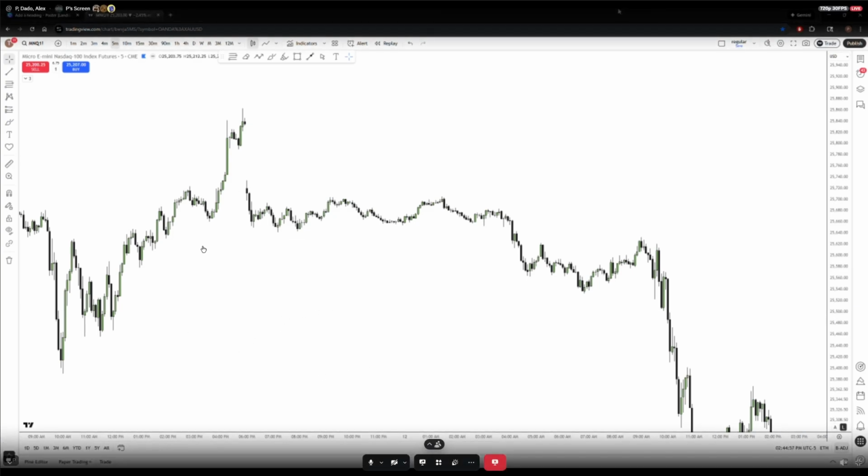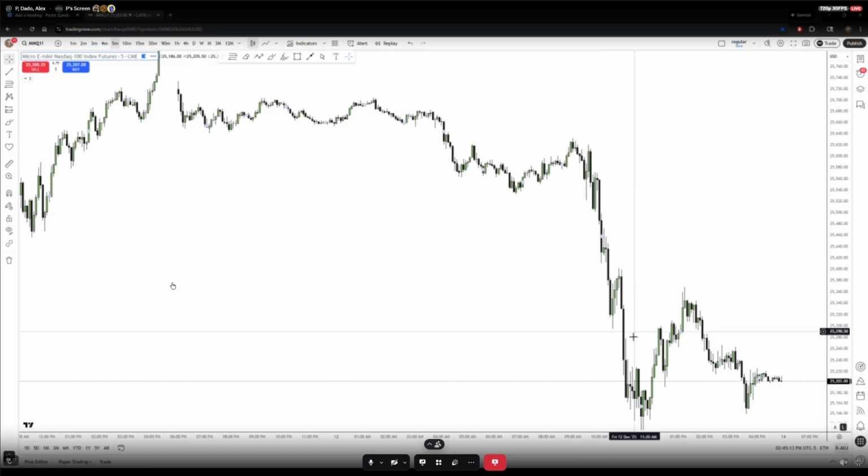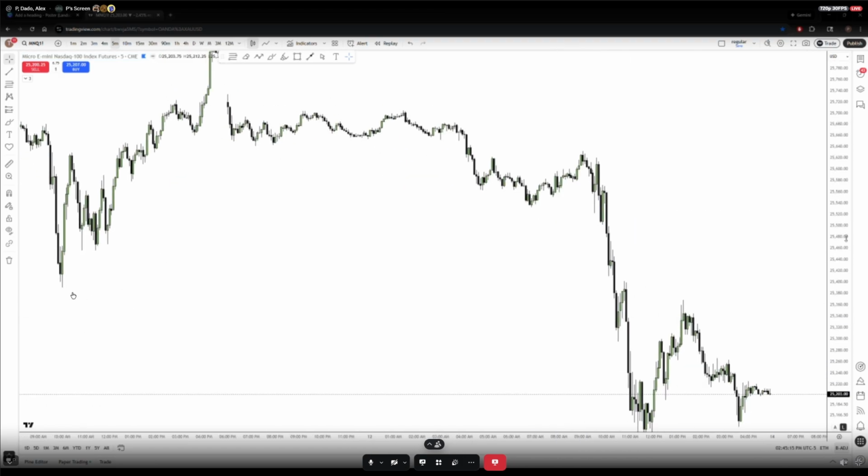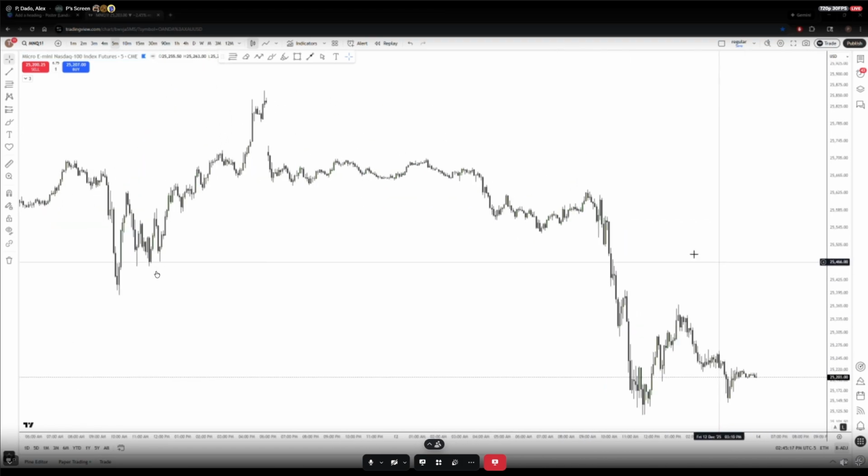You see all the trend line liquidity down at the bottom. By 10 o'clock, see how we push down on the right side. We pushed down all the way because we had all of that liquidity already built up on the previous days. If you zoom out, there's even more liquidity at the bottom.